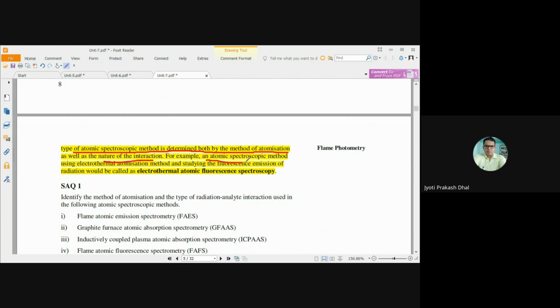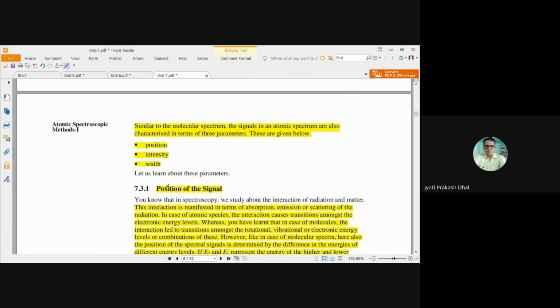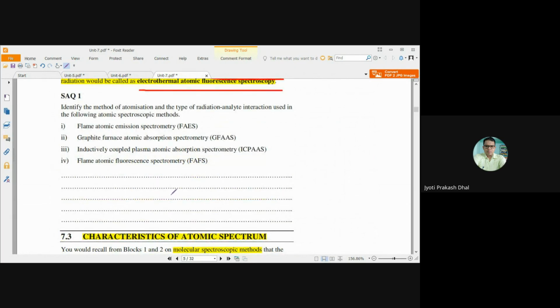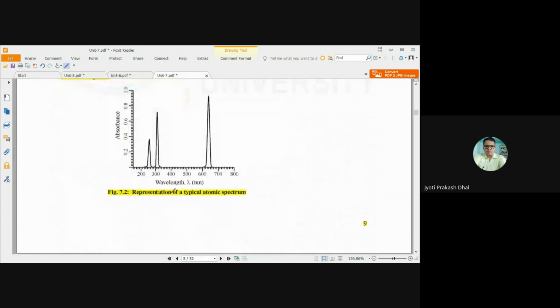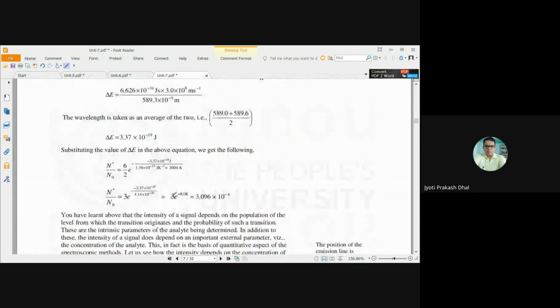For example, an atomic spectroscopic method using electrothermal atomization and studying the fluorescence emission is called electrothermal atomic fluorescence spectroscopy. Similarly, different types of atomic spectroscopic methods are there, which we will discuss tomorrow.